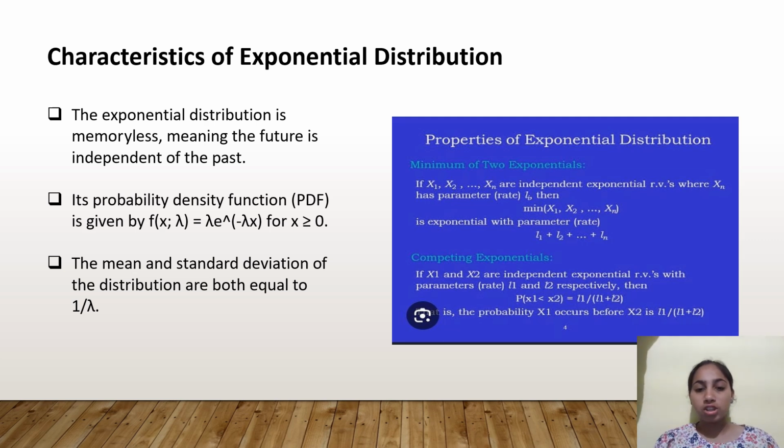Comparing exponentials, which are independent exponentials with the rate parameters L1 and L2 respectively, then P of x1 less than x2 is equal to L1 divided by L1 plus L2, that is the probability x1 occurs before x2 is L1 divided by L1 plus L2.